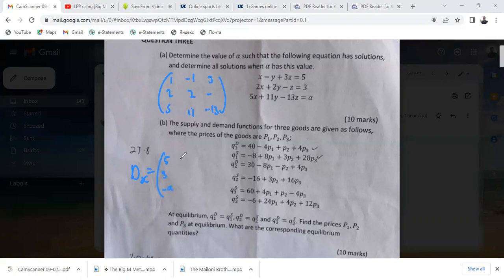Then you have the rest: negative 1, 2, 11, 3, 3, negative 1, negative 1, negative 13. So when you find expressions for the determinant, there will be an equation in this case since there is no value of A. Are we together?